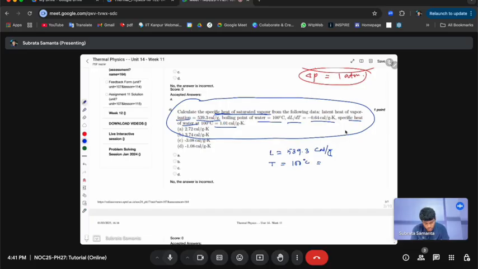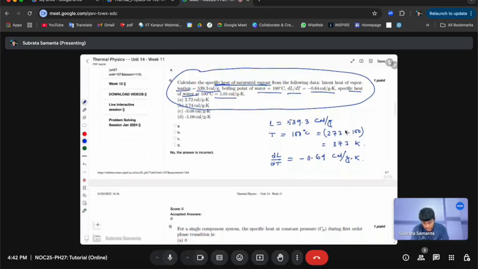That means it's 273 plus 100 is 373 Kelvin, and dL/dT is 0.64 calorie per gram Kelvin, and the specific heat of water, liquid, Cl, is given as 1.01 calorie per gram Kelvin.